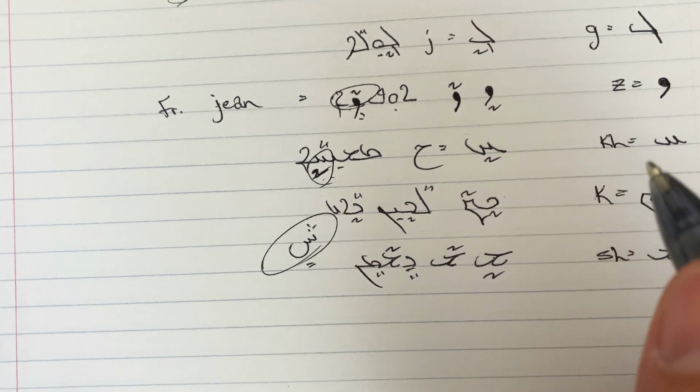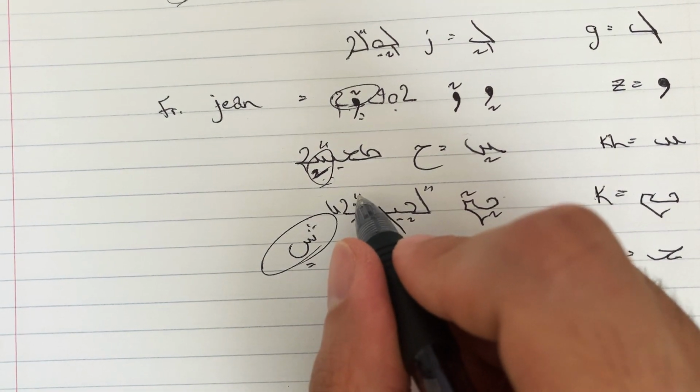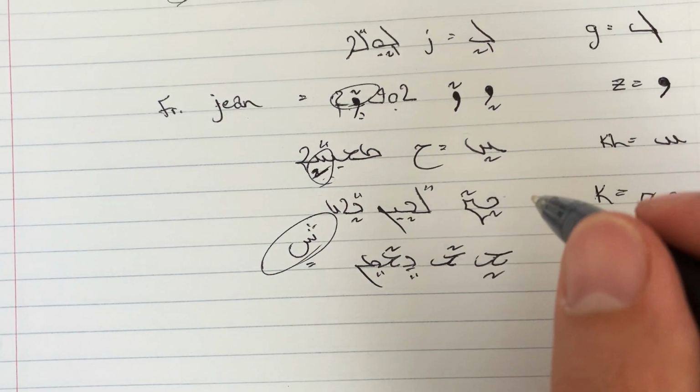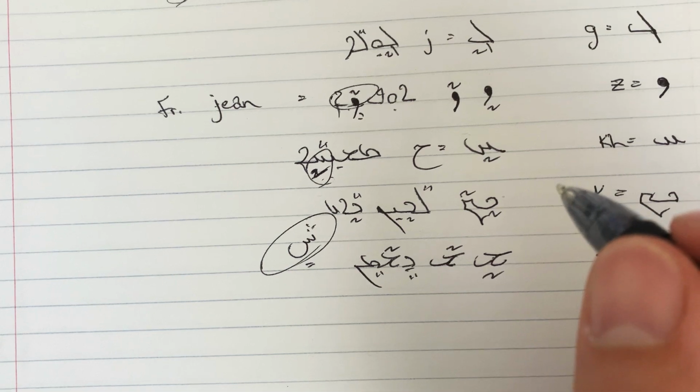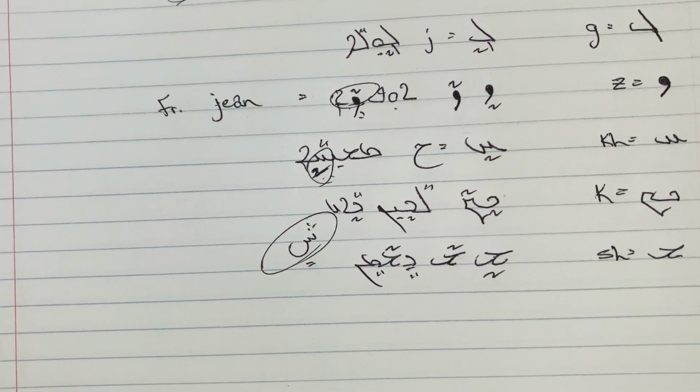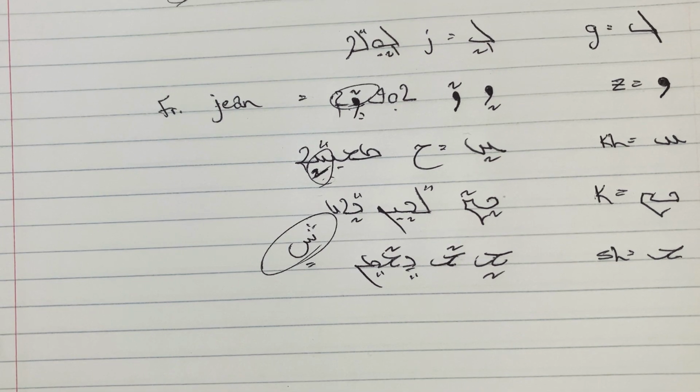Okay, so chai. Now, okay, that's good to know. There are some other historical things that are in Garshuni and Palestinian Syriac, but I'm not going to go over those. And I think these are the most important diacritics.